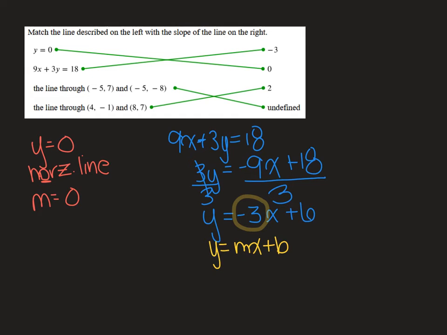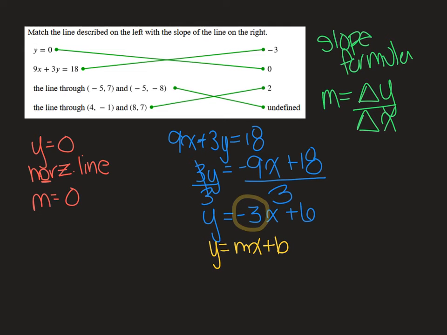We have here a line through negative 5, 7, and negative 5, negative 8. When you are given 2 points, you can use your slope formula: m equals the change in y over the change in x. All that means is y2 minus y1 over x2 minus x1. So we're just taking the difference there.